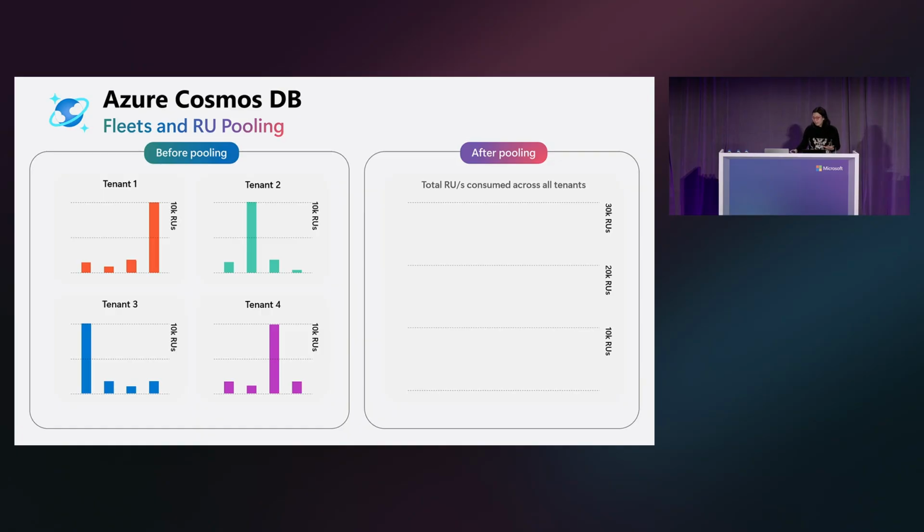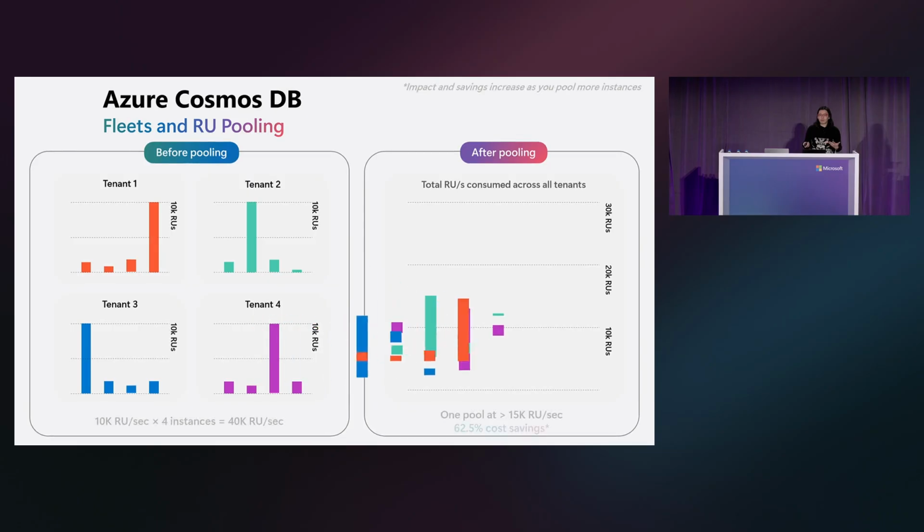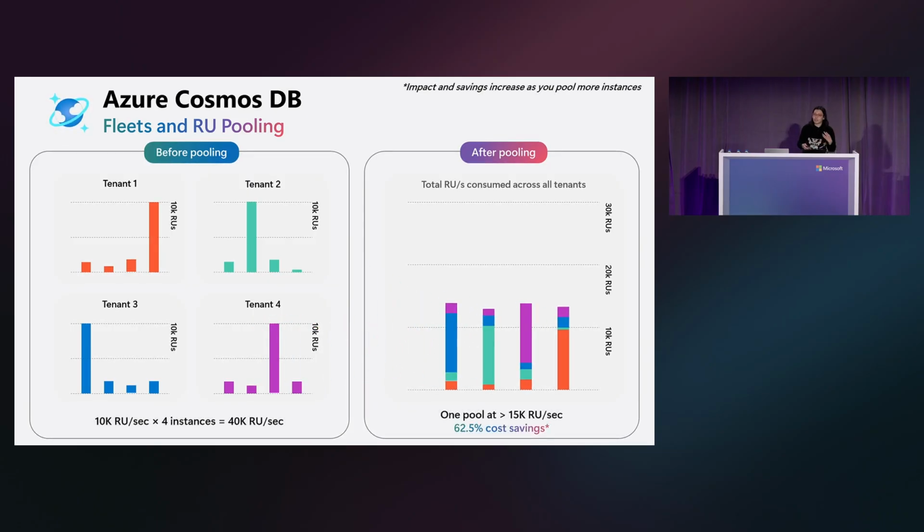And that's exactly the observation we had and what we're doing with our pooling feature, which is part of Fleets. If you look at the usage at any single point in time, cumulatively, that usage is way less than the sum of your peaks here. You can see on the right-hand side, it's only about 30–40% if you added up all the peaks together.